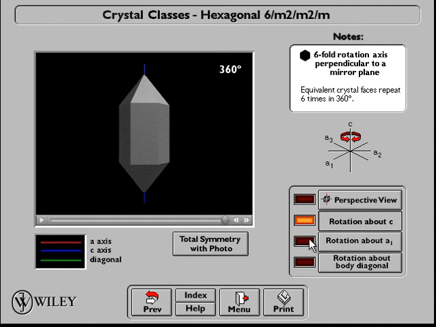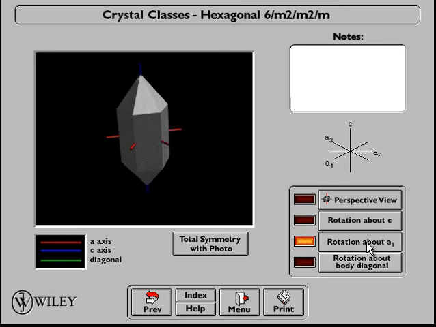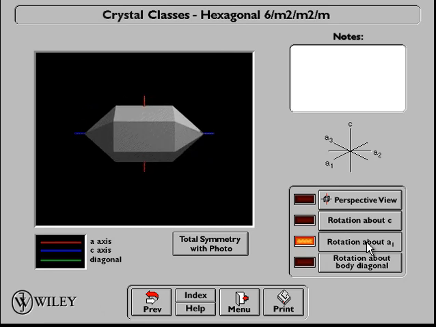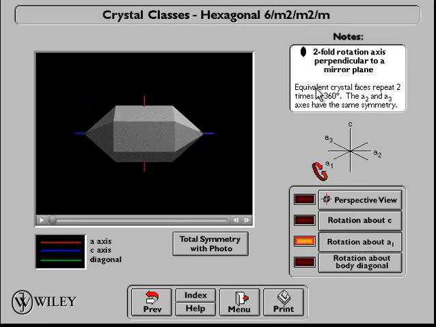So now we are making the rotation about A1. So we have about A1 a two-fold rotation axis perpendicular to a mirror plane. Here is the two-fold rotation axis. Here is the perpendicular mirror plane.